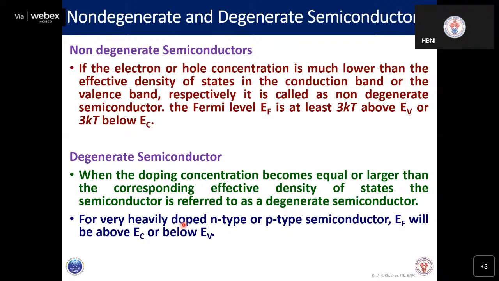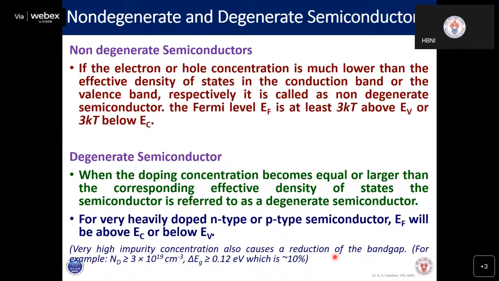For a very heavily doped n-type or p-type semiconductor, EF will be above EC in the case of n-type semiconductors, and below EV in the case of p-type semiconductors. Effectively, it behaves like a very good conductor, or some say metal-like behavior, when you have very high doping.